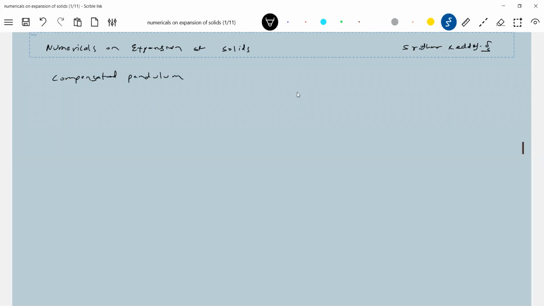So this is called a compensated pendulum. What is this compensated pendulum? How will it be?